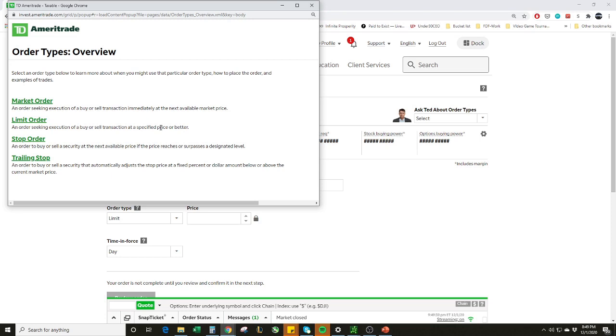If ABC stock is currently trading at $100 and you want to get a couple nickels cheaper at $99.90, more power to you. Put the order in. But as a limit order, if it never comes down to $99.90 or less, you could miss the run. You won't get your shares.